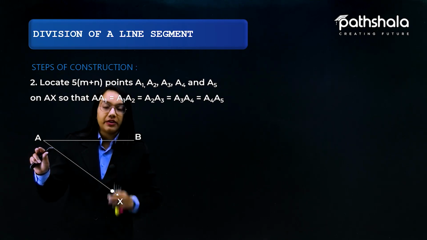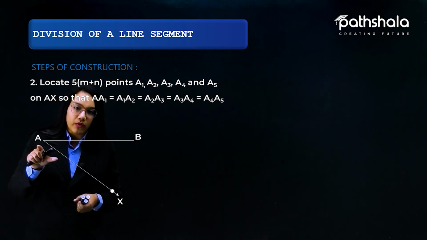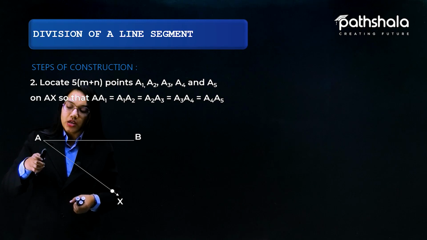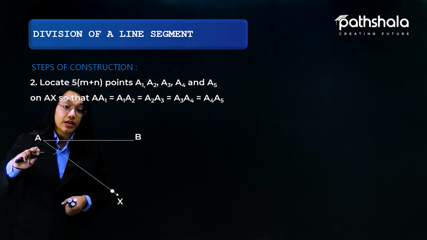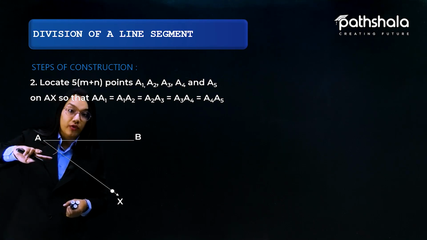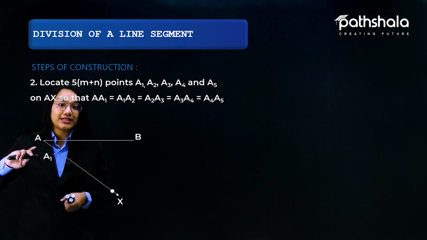You can take any particular radius, and we have to mark an arc over here on this particular ray AX. So I'm marking the very first arc over here, taking A as a center, using the compass, and let us suppose this is my very first arc, and I'm calling this A1.